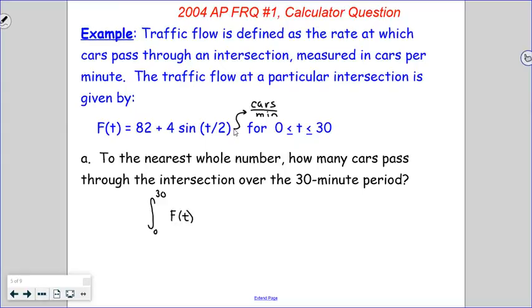However, if I had put my problem like this, it would be incorrect. And I noticed this a lot on our quiz. I caught a lot of people, if you do not have the variable of integration, that is not a correct integral. So make sure that what you wrote down for that one has a dt at the end of it, whether you chose to write it out as the function or as f of t. Okay? Has to be ended with a dt.